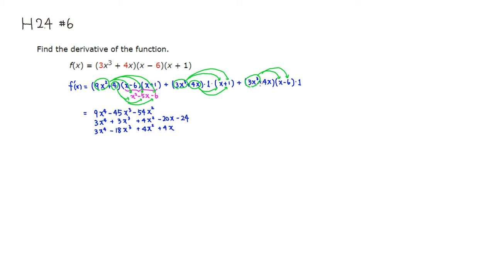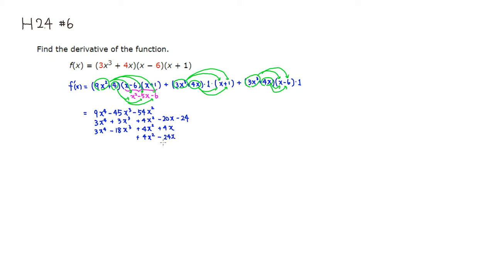Then we distribute the 4x to x and negative 6. So you have another plus 4x squared, and then you have a minus 24x.